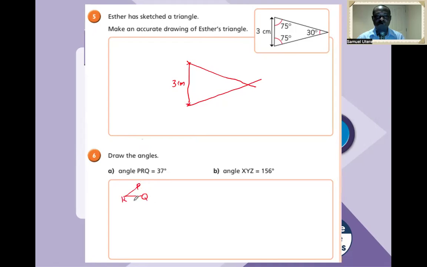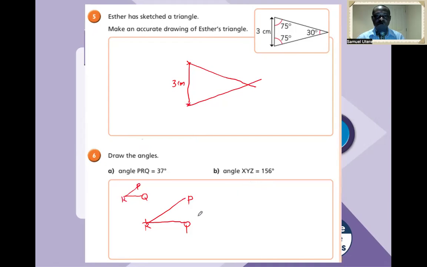So having that rough sketch, you can just draw a simple line. You're not being told how long the line will be. So you can just draw a line, you mark it, you call that point R, and then you call that Q, position the crosshair of your protractor here, and you measure 37 degrees, okay, and you call the other point P.